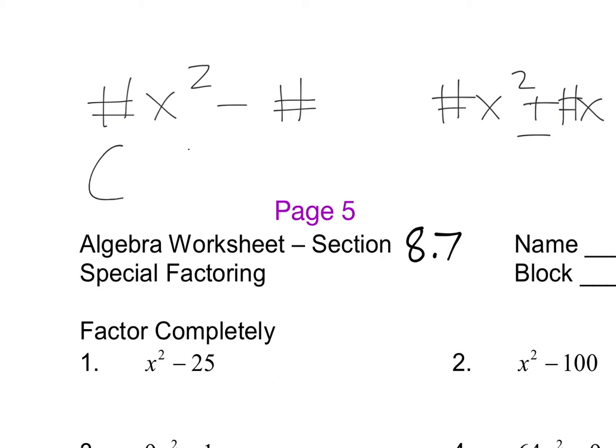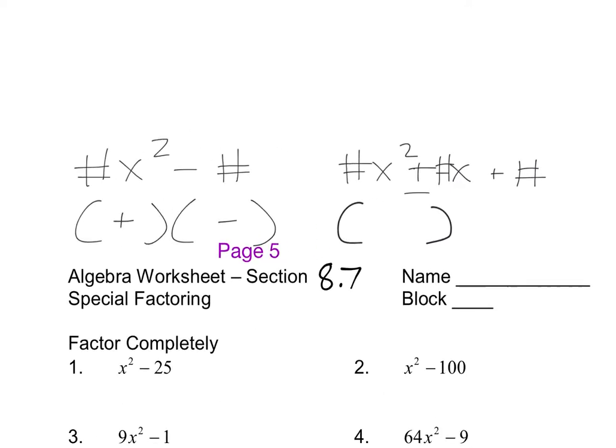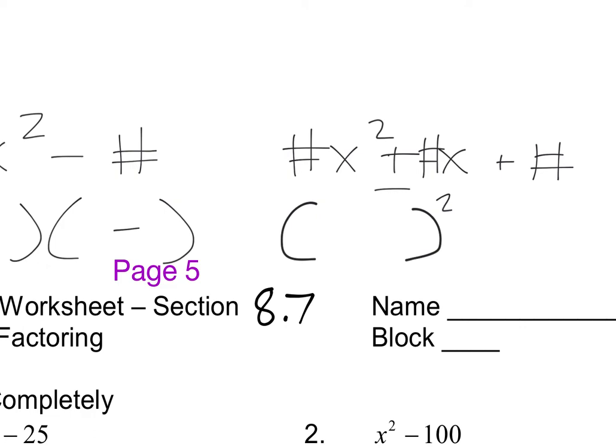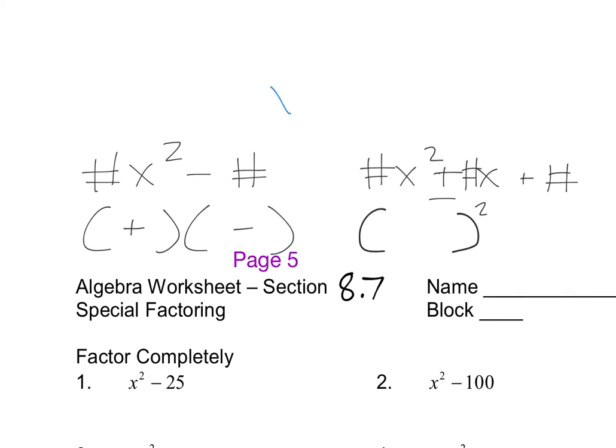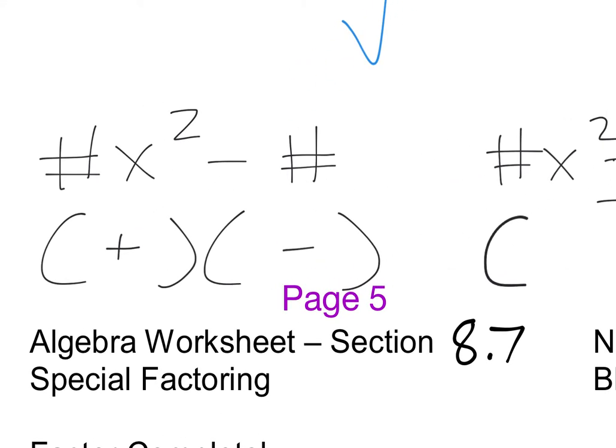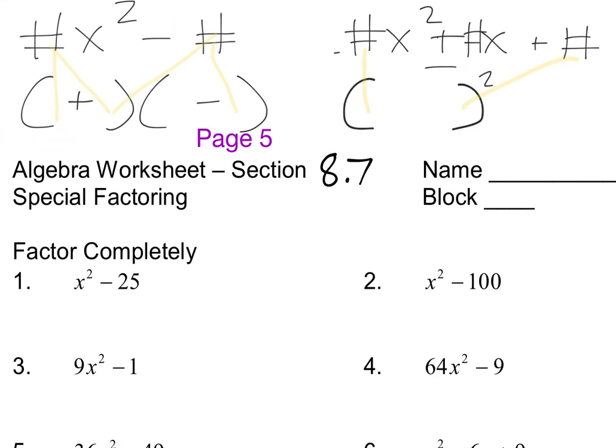When we have the 2 terms, it's guaranteed to be 1 positive, 1 negative. When we have these 3 terms, and I tell you it's a special case, it's guaranteed to turn into the same thing squared, if I tell you they're special cases. Which means we're going to be using square roots to help us find this. We'll square root that number and that number. We'll square root that number and that number. This page should be the fastest out of all of them.